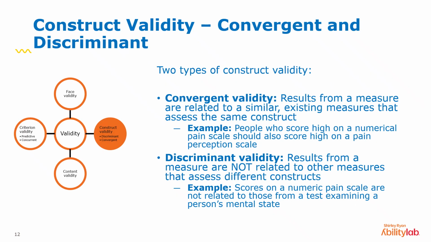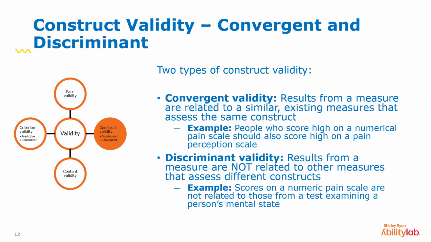Convergent and discriminant validity are two subtypes of construct validity. Convergent validity is the degree to which two measures of constructs that should theoretically be related are actually related. For example, people who score high on a numerical pain scale should also score high on a pain perception scale, because pain rating and pain perception are highly related constructs.